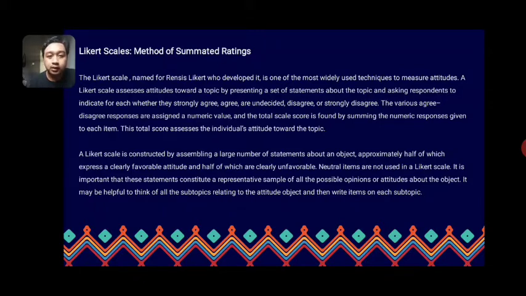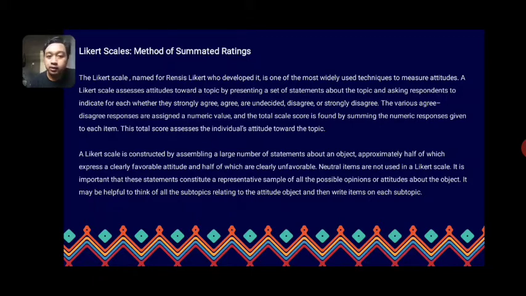A Likert scale is constructed by assembling a large number of statements about an object, approximately half of which express a clearly favorable attitude and half of which a clearly unfavorable one. Neutral items are not used in a Likert scale.